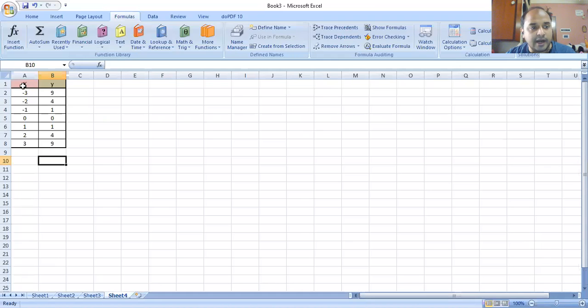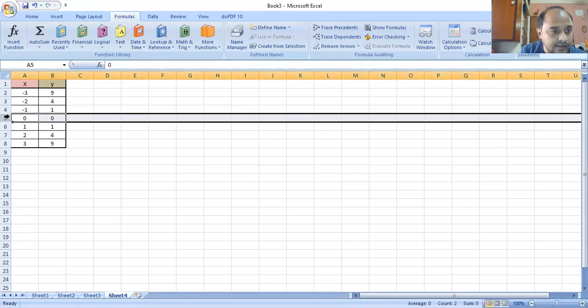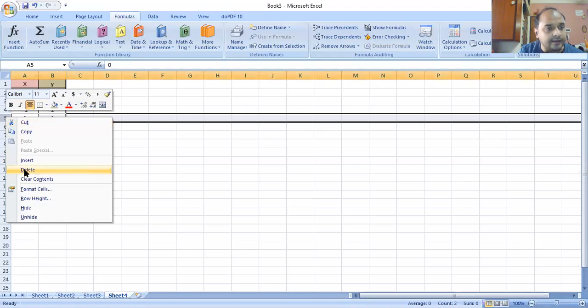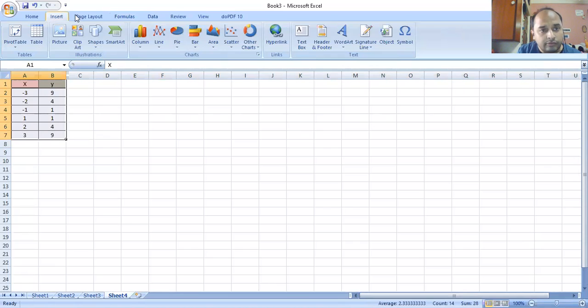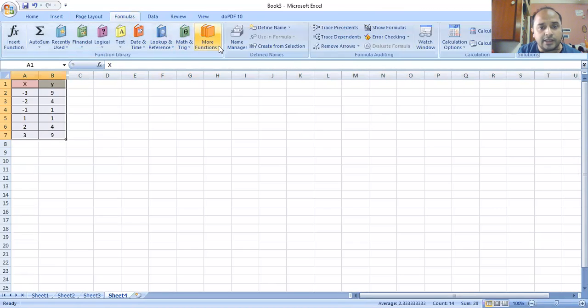So I'm going to share my Excel sheet once again, and I'm going to talk about this particular section where I considered this chart where x had the values -3, -2, -1, 1, 2, 3, and y is like this. I'm going to select this chart, and first of all, I'm going to find the correlation coefficient between them.